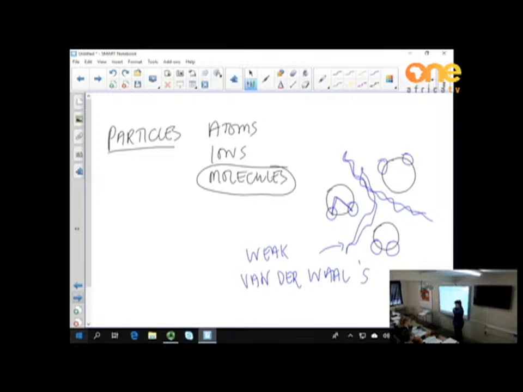You understand? The forces holding the hydrogens and the oxygens are covalent bonds. All right? Intramolecular, but inter is between. The inter-Cape bus goes between Cape Town and Windhoek. So it's between. Intermolecular forces are these weak van der Waals forces.